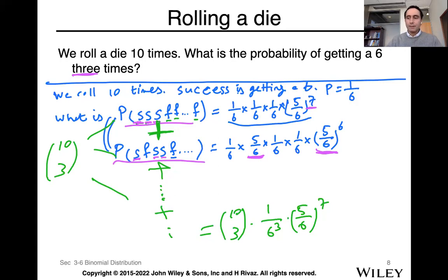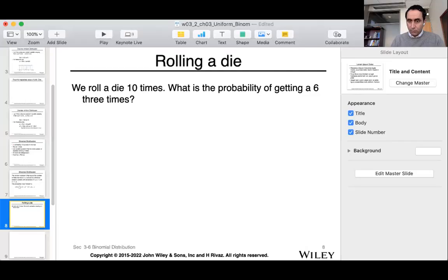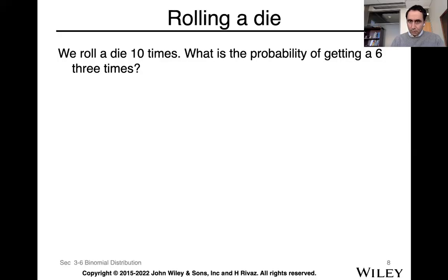Any other questions? Okay. So basically, the final answer is we simply use the equation, right? So the final answer was 10 combinations of 3 out of 10.